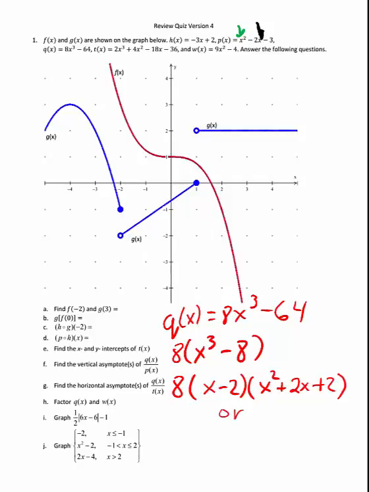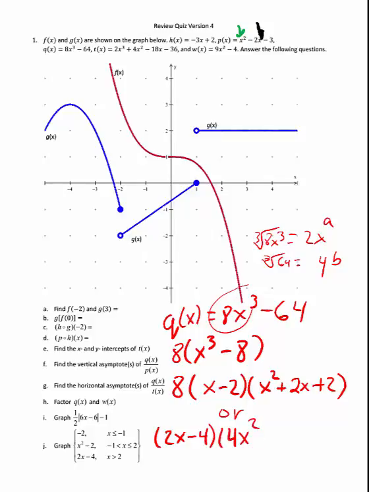Or you could just start from here and do the cube root of 8x cubed, which is 2x, and the cube root of negative 64 is negative 4, or just 4 if you get rid of that negative. So that's our a term and our b term. So you could just call this 2x minus 4 times 4x squared plus 8x plus 16. So both of those are acceptable for factoring q of x.